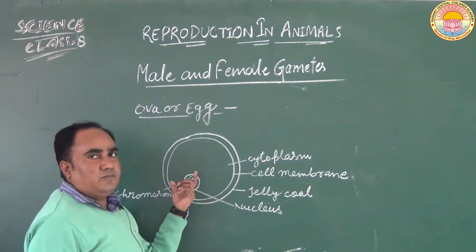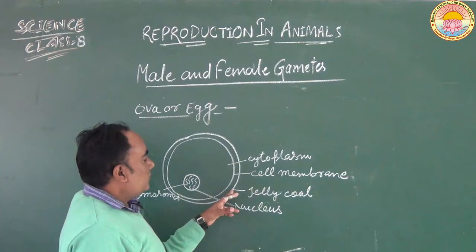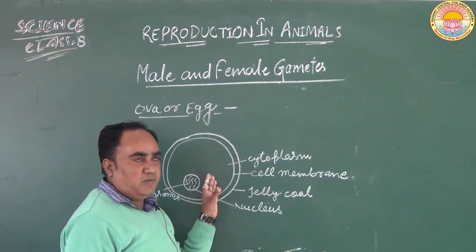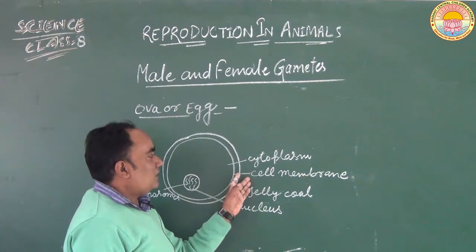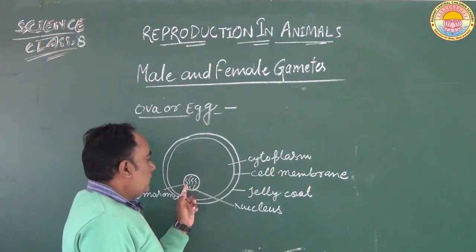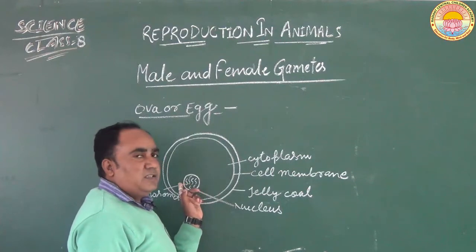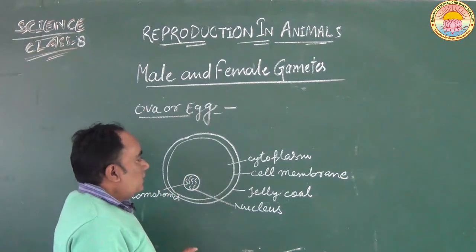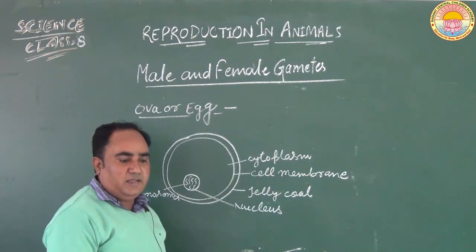So this is the structure of the female gamete, the ova. This outer covering is known as the jelly coat. It helps the sperm enter inside the ova and helps in the process of fertilization. This is the innermost membrane, known as the cell membrane. This is the cytoplasm. And this is the nucleus that contains the genetic characters that are transferred from parents to the offspring. So this is the structure of the female gamete or ova, or you can say egg.